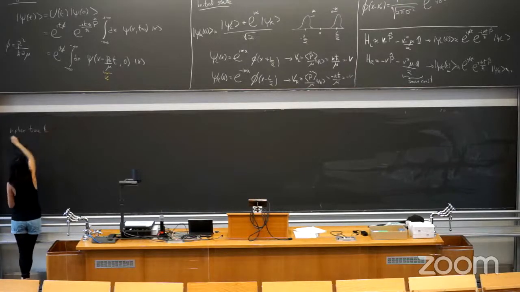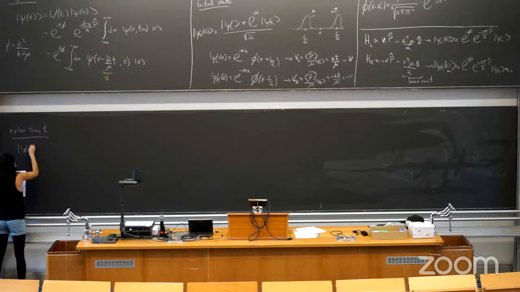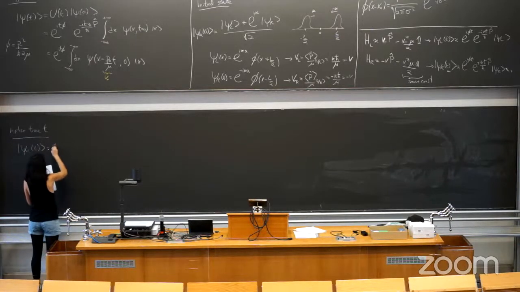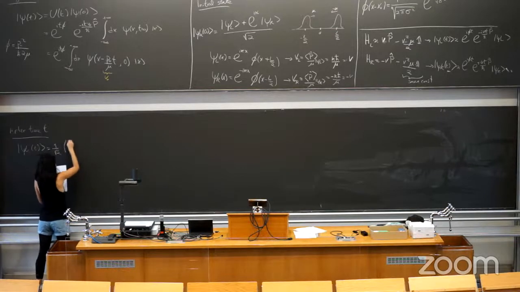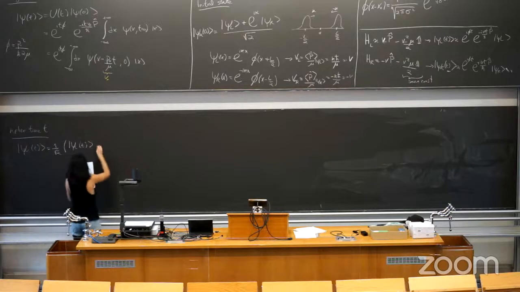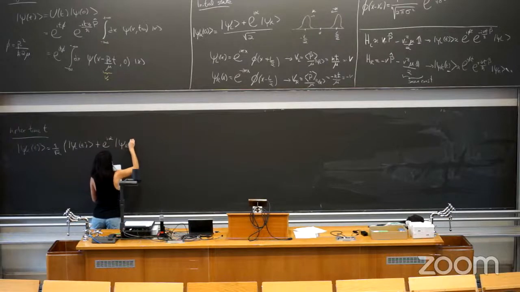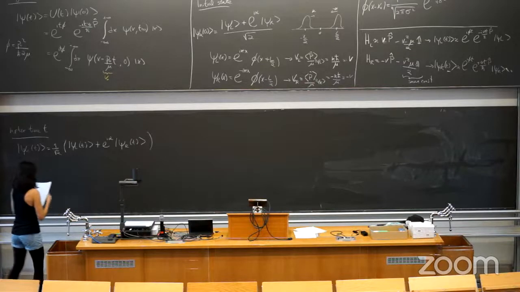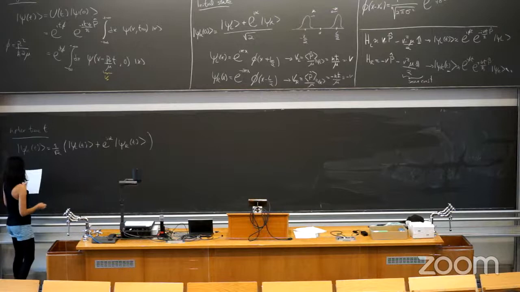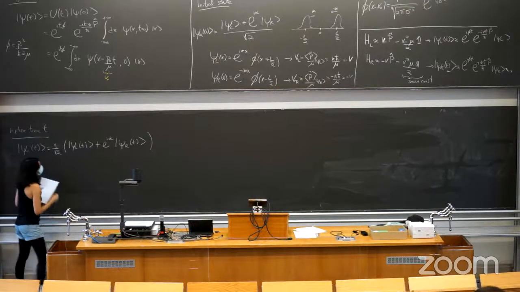t, it's going to be 1 over square root of 2 of L of t plus E eta. Trying to see how I make this the least horrible. Okay, they have the same phase, right?